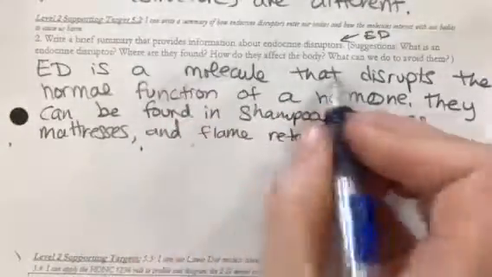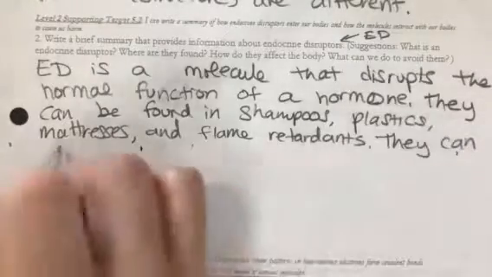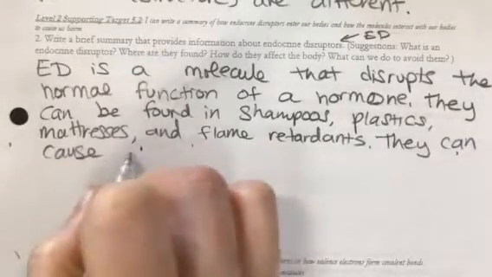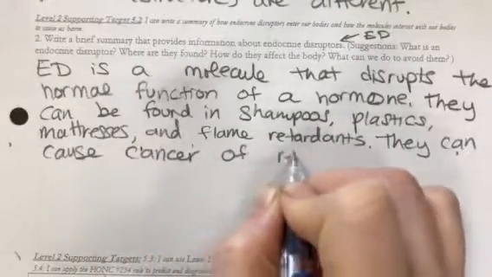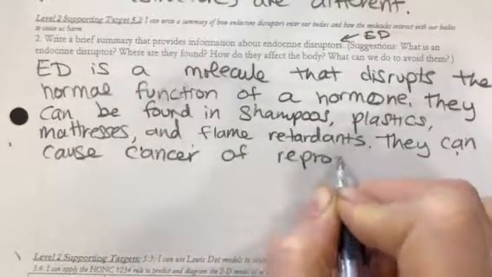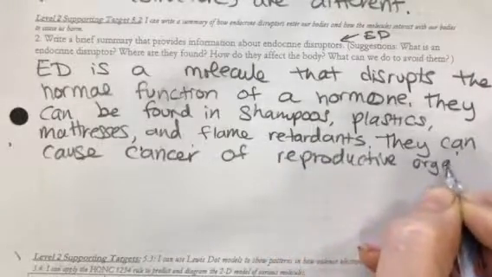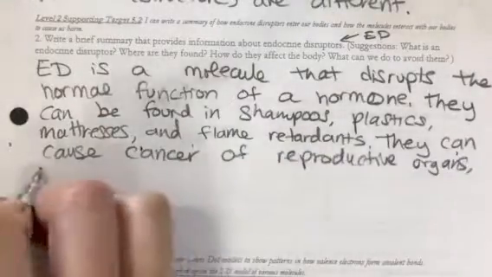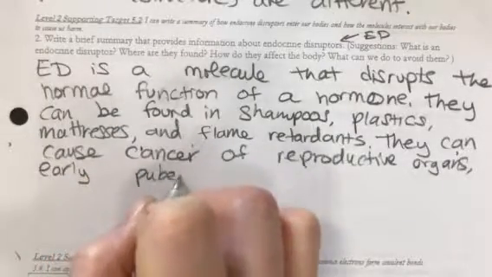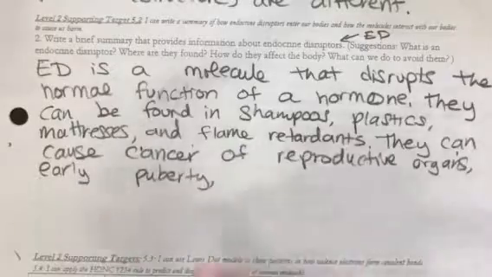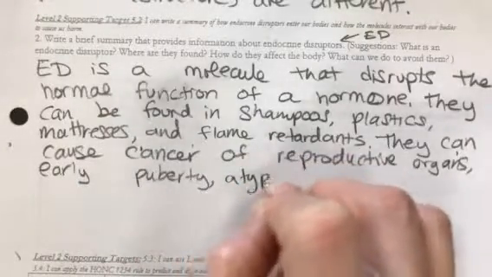And then, how do they affect the body? They can cause cancer of reproductive organs, early puberty, and atypical sexual development.